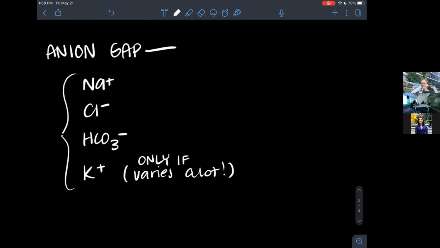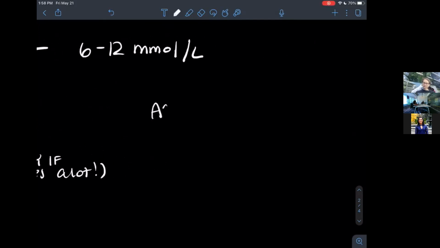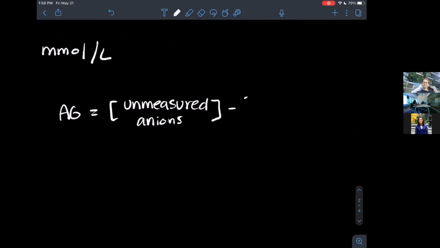So the difference of all of it will give us a reference range between like 6 and 12 moles per liter. And the idea is that your anion gap is calculating the number of unmeasured anions minus your unmeasured cations.